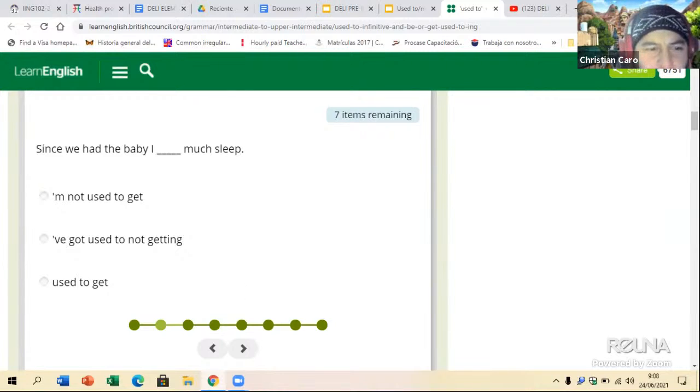Thomas says number 1, I am not used to get much sleep, since we had the baby.